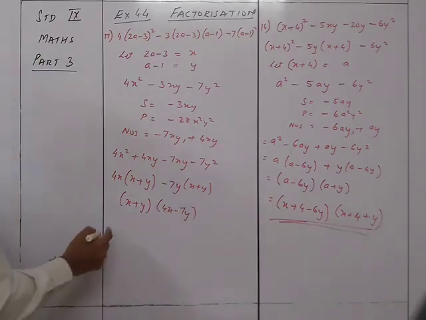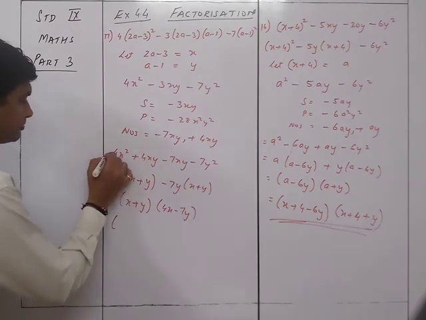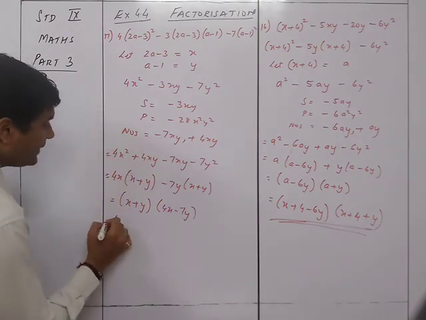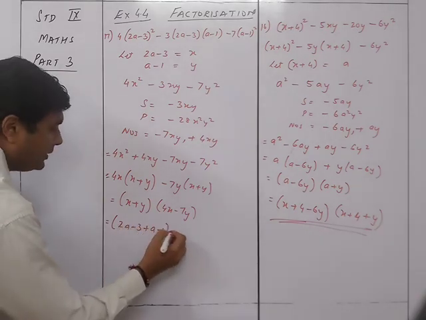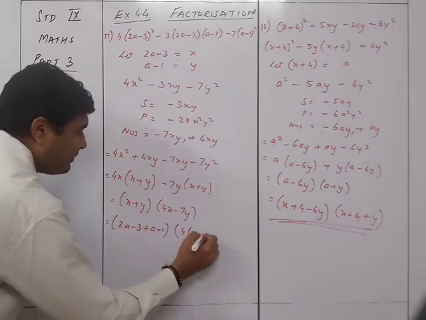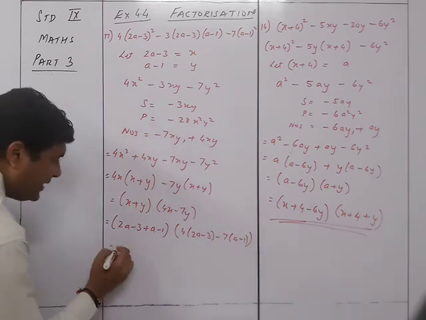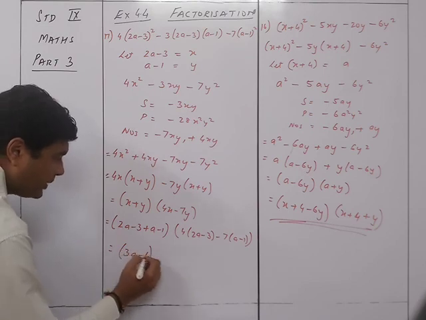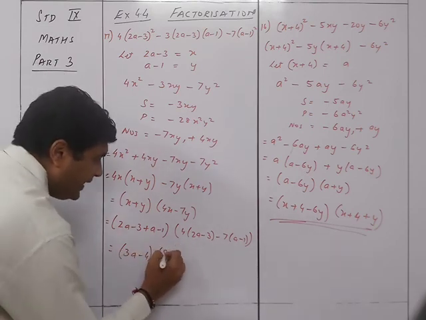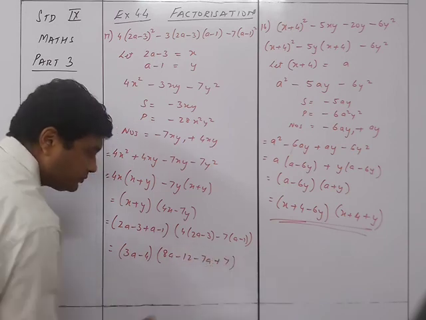Let's substitute the values over here. We get 2a minus 3 plus a minus 1, and 4 into (2a minus 3) minus 7 into (a minus 1). So this is nothing but 3a minus 4. And this will be 8a minus 12 minus 7a plus 7.